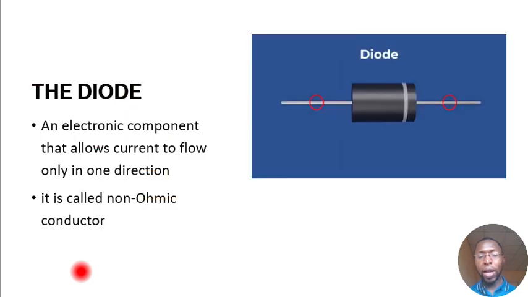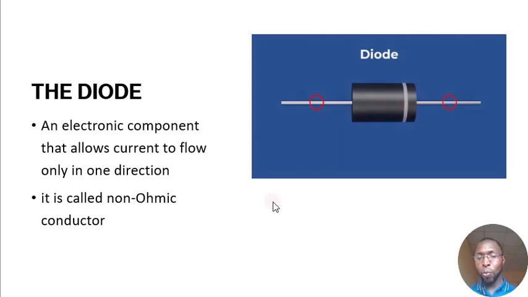Now let's talk about another area where we can apply this cathode ray as a phenomenon. It could be applicable in a device called a diode. A diode is an electronic component that allows current to flow only in one direction. This is a pictorial diagram of a diode.